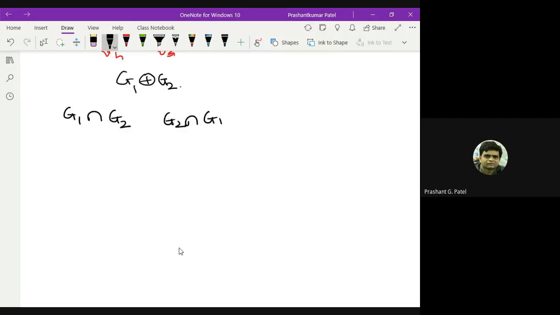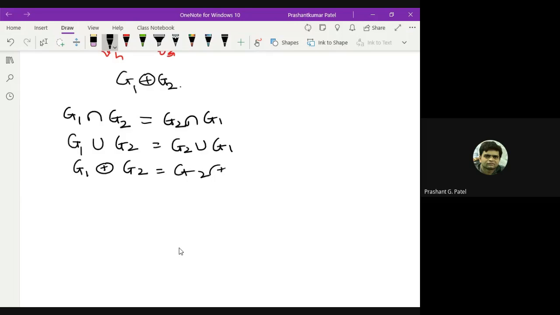Either you can calculate the intersection between G1 and G2, or G2 and G1, they are the same. If you do G1 union G2, or you do G2 union G1, it is also the same. If you do G1 ring sum G2, or G2 ring sum G1, they are the same.